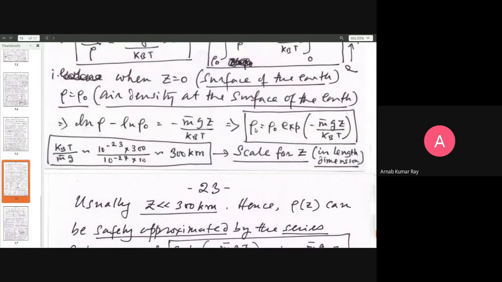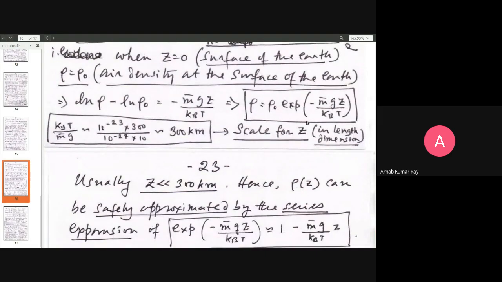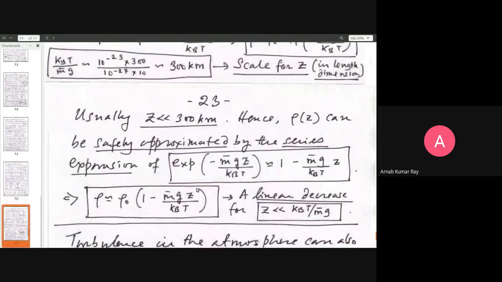This is the way air density depends on height. Rho decreases exponentially with z. But if z is much smaller compared to the scale of height, which is about 10 kilometers, once again, I'm advising you to overlook this value of 300 kilometers. It should be divided by 30, so it should be 10 kilometers.